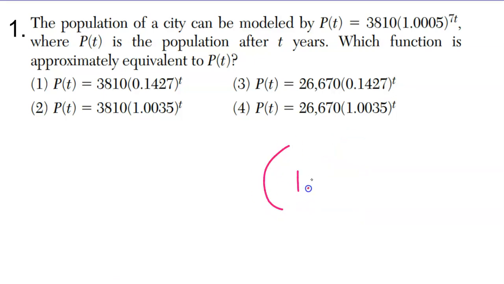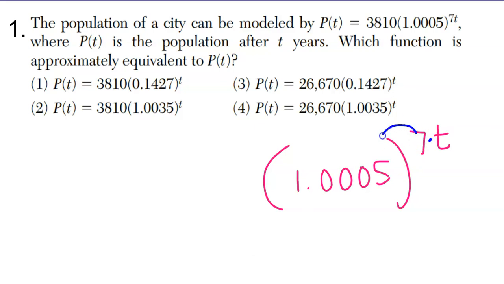So if I have 1.0005 raised to the 7t power, or 7 times t power, then I can take this 7 and multiply it by the power for 1.0005, which is 1.